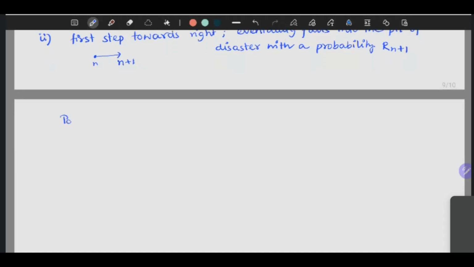So from here we can get the total probability of falling into the pit of disaster, that is, the right fall, starting from n.